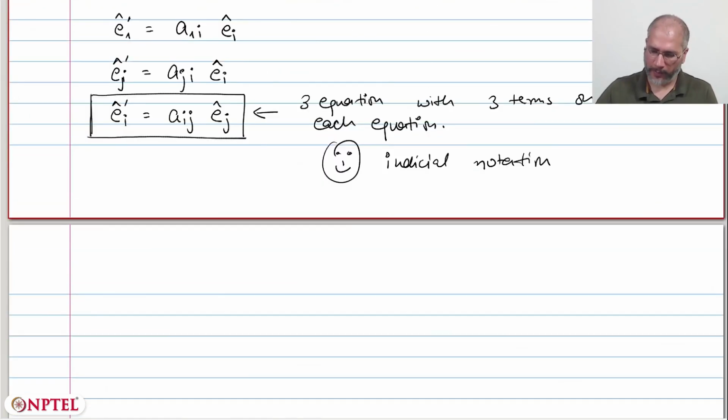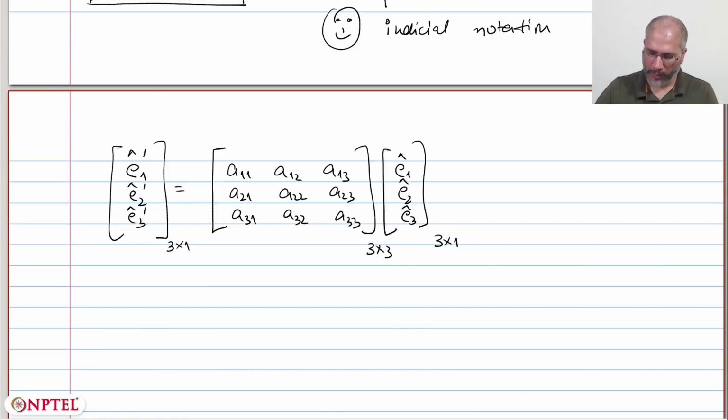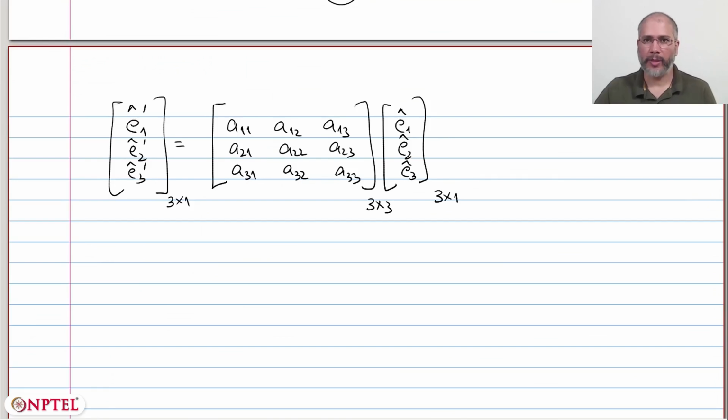All right, can we represent this in a matrix form? Yes, we can. Let's do that. So this matrix is 3 by 3. So vector is 3 by 1. On the left hand side, we have a 3 by 1. So this is the transformation rule for unit vectors.